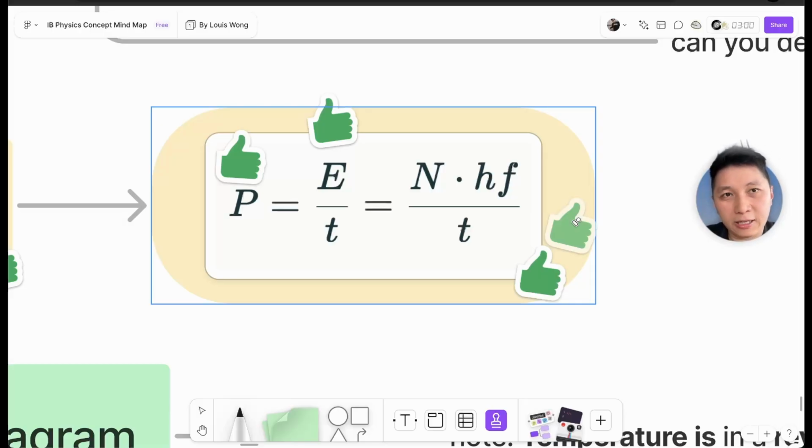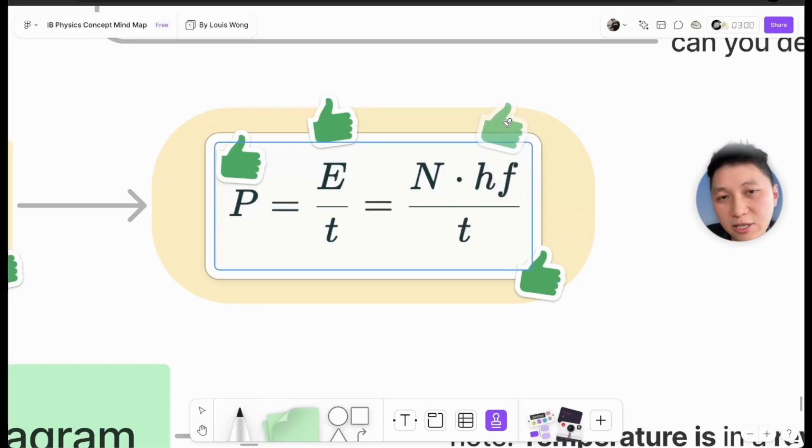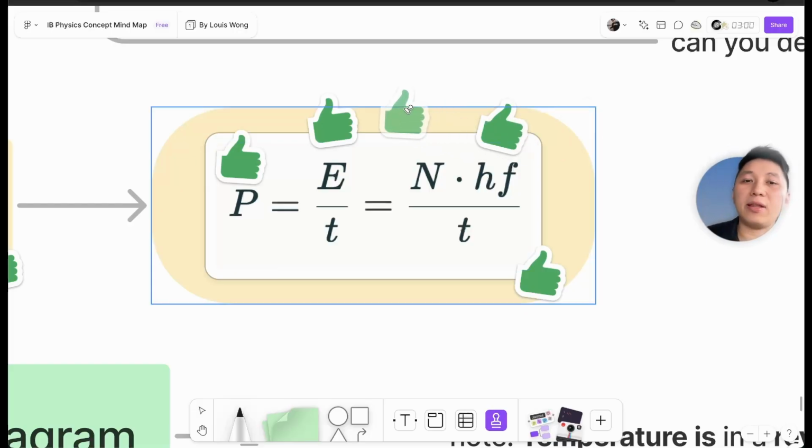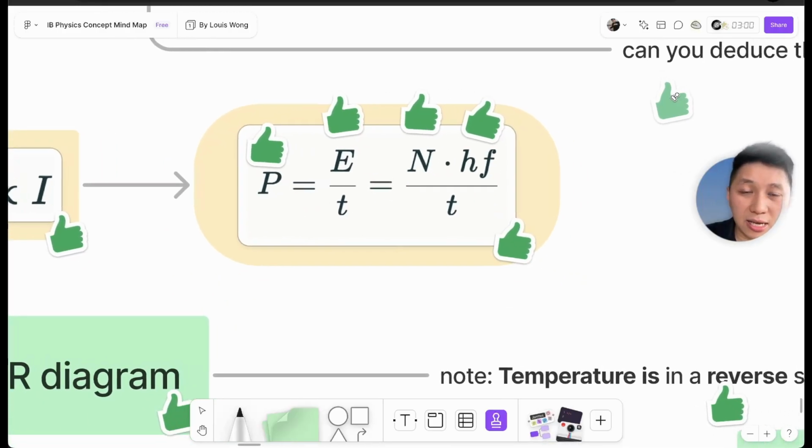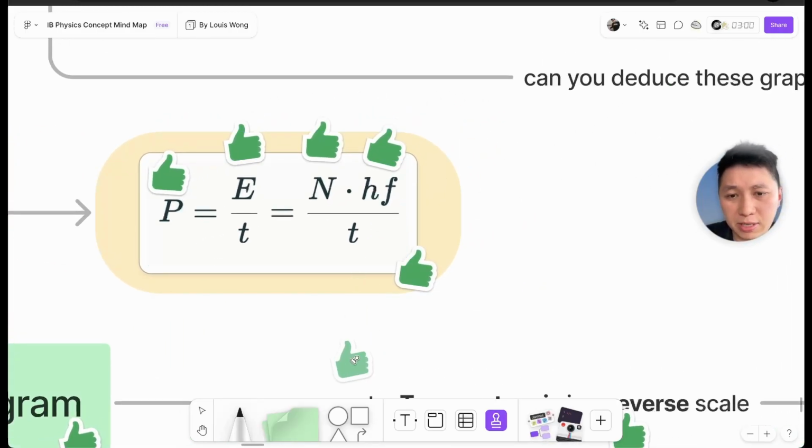And the total energy equals the energy of each photon, hf, times the number of photons you have. So the very interesting relationship is that if you somehow maintain the same intensity but switch the frequency to higher, then the number of photons emitted will be less. And so that's the interesting interaction between them.